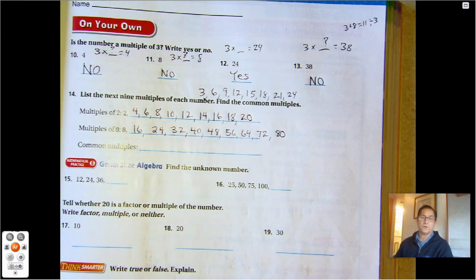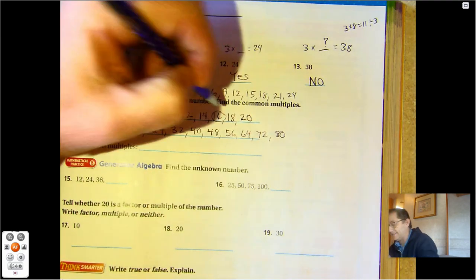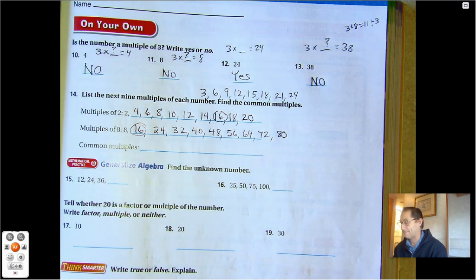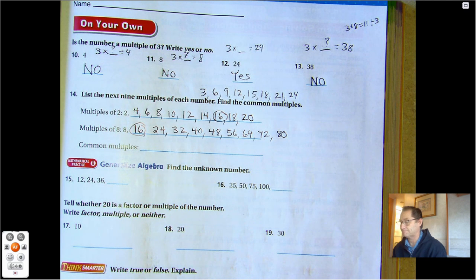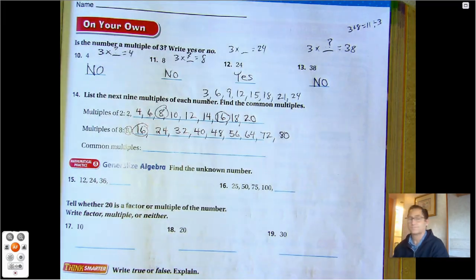Okay, and then which ones are in common? Well, 16 and 16. 8 and 8. So just 8 and 16.